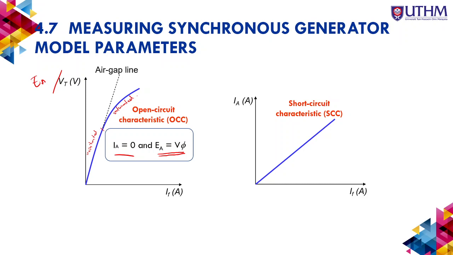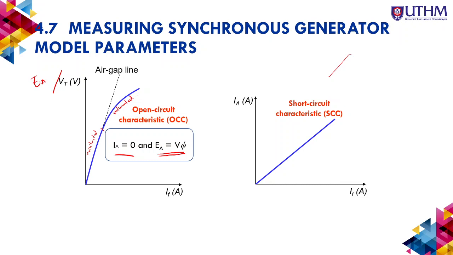In the short circuit test, the graph will be linear. This is due to the short circuit. The magnetic field is what we call the stator magnetic field.